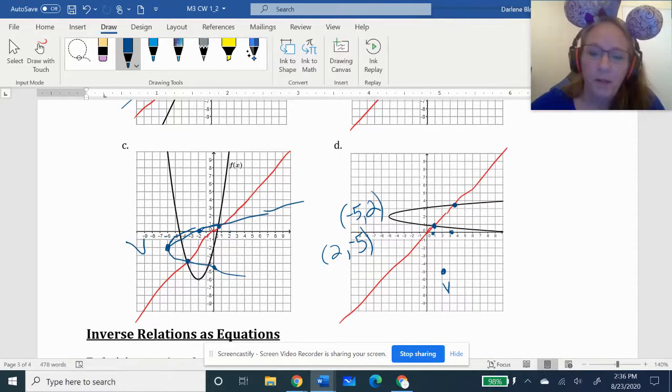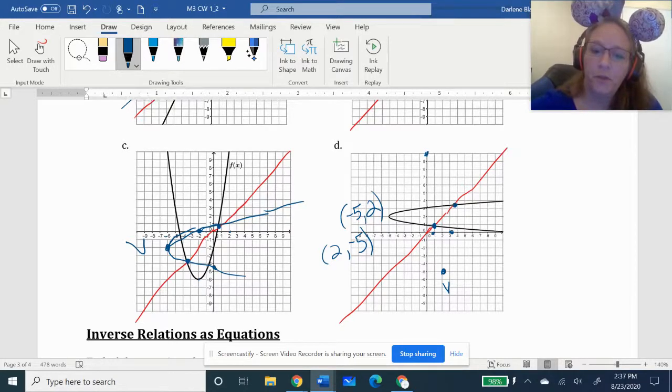And keep in mind, this is not a perfect drawing because it's not a perfect drawing. You can see that it looks like the original graph might have an x-intercept of 10, so y-intercept of 10.